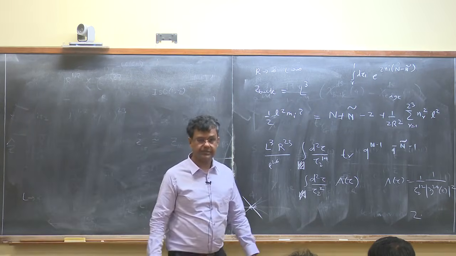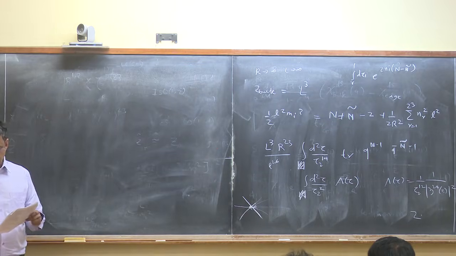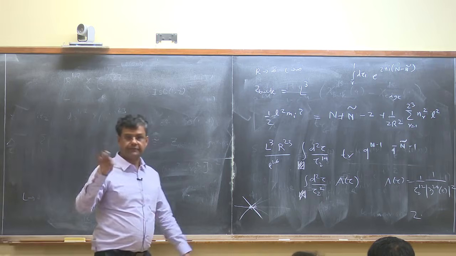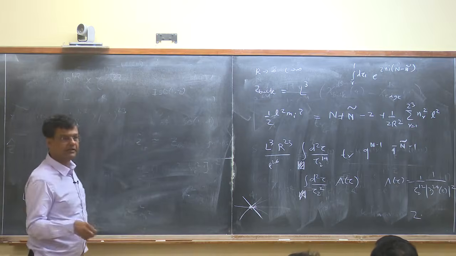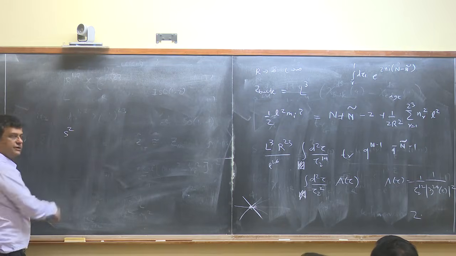Now if you look at the edge modes, you look at the character for the edge modes. The character for the edge modes, compared to this, had an S square term.